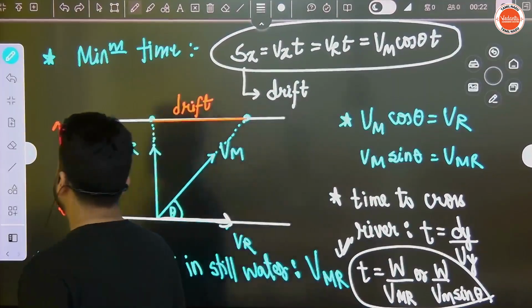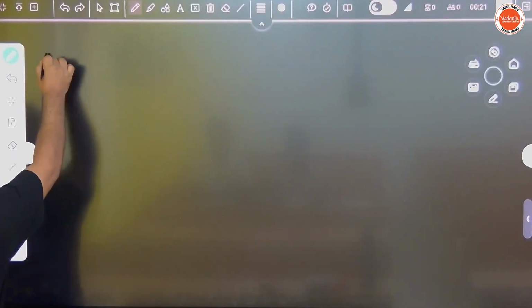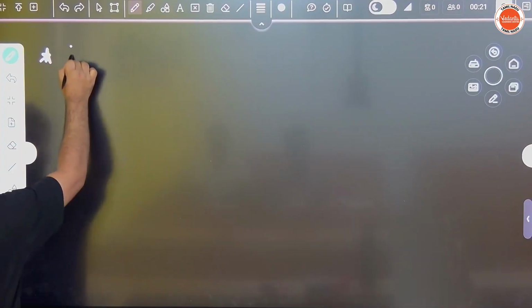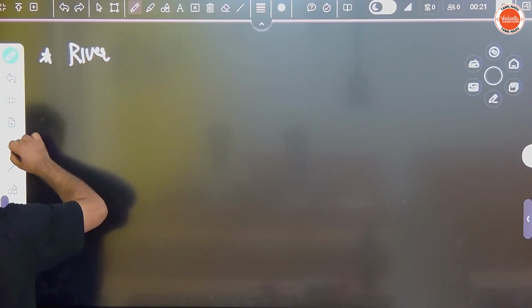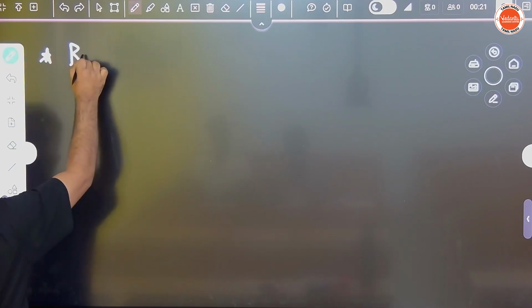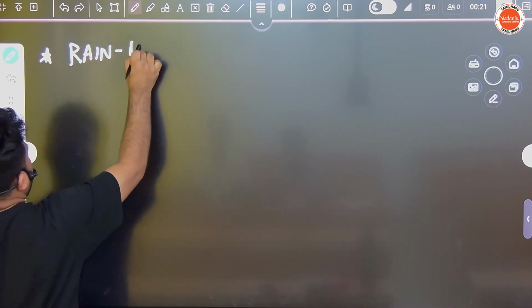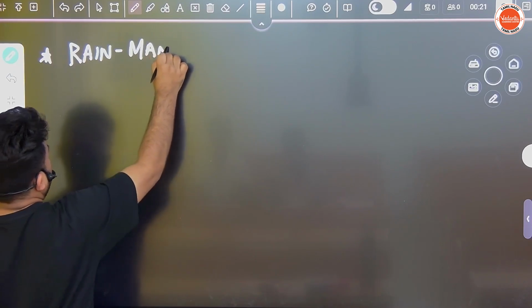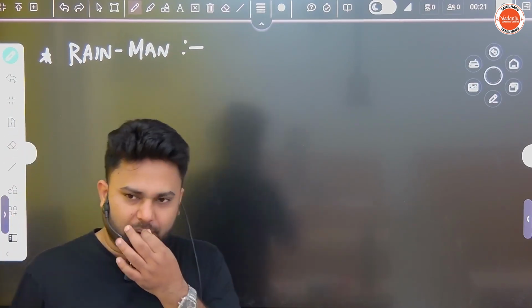Next is rain man problem. That was river man. This is rain man problem. Correct?